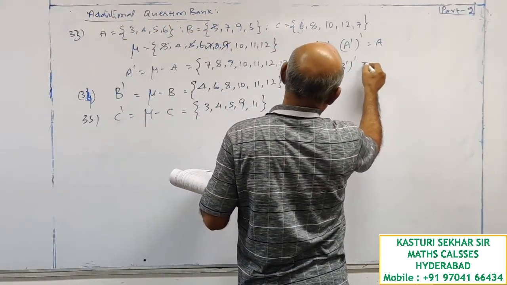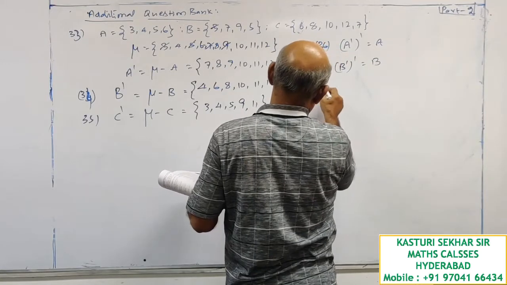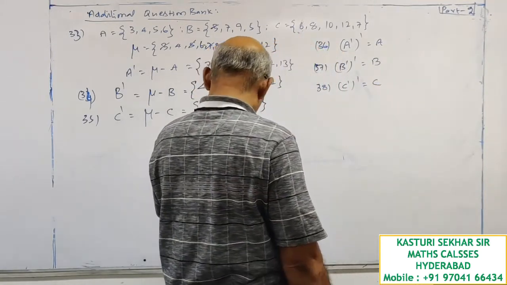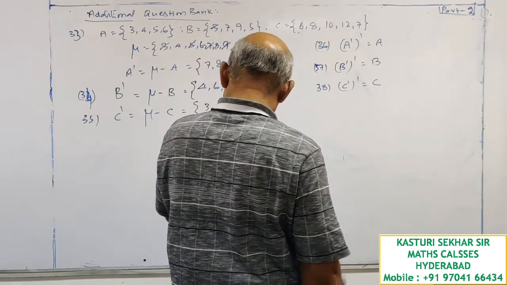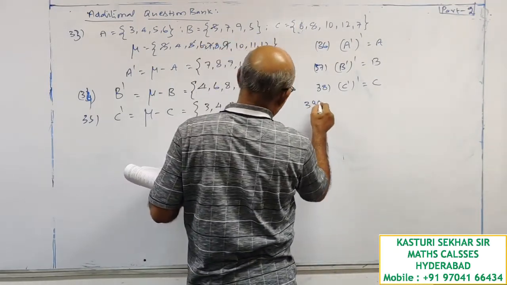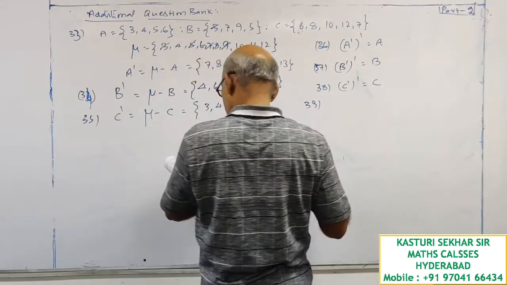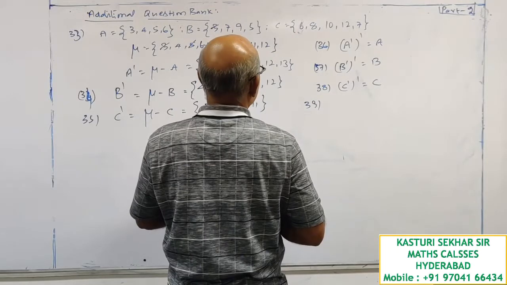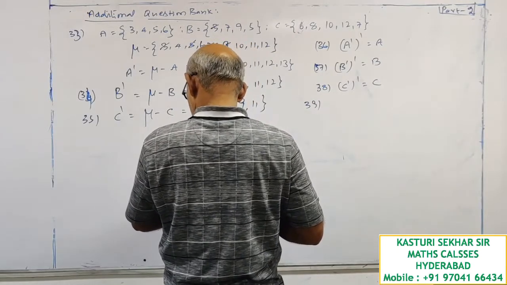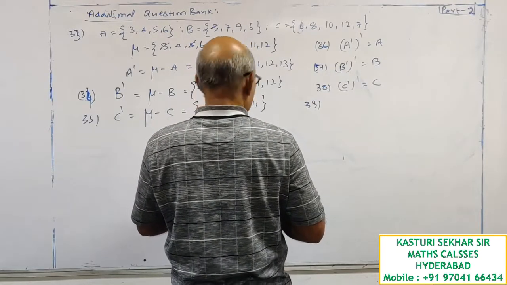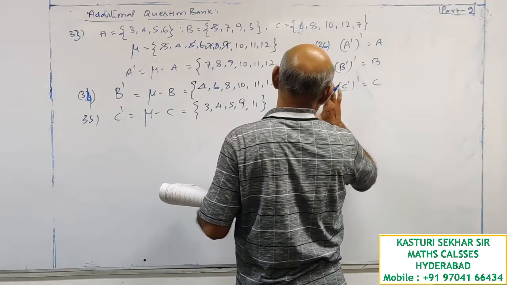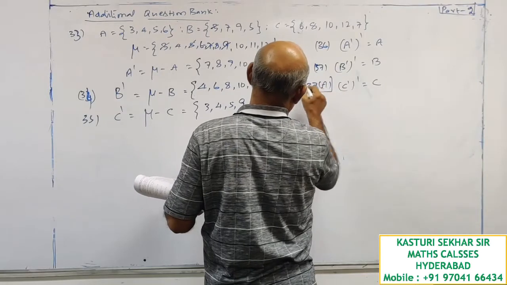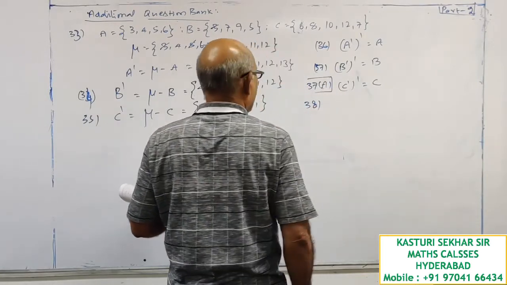B complement, whole complement, this is set B. C complement, whole complement is set C. Next, 38.